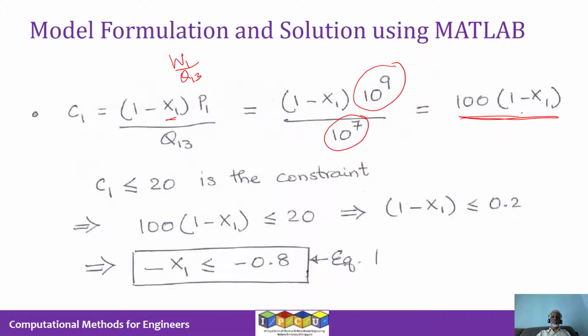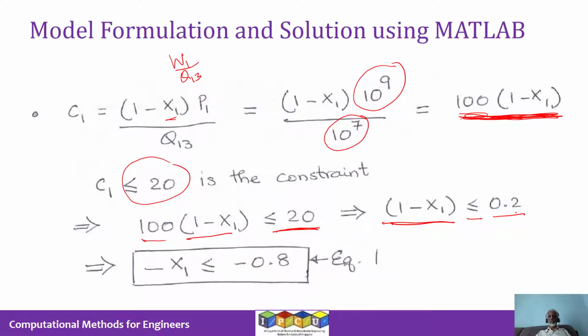And the environmental constraint is C1 should be less than or equal to 20. Therefore, C1, which is equal to 100 into (1 minus x1) in terms of the decision variables, should be less than or equal to 20. That means 1 minus x1 should be less than or equal to 0.2, dividing both sides by 100.